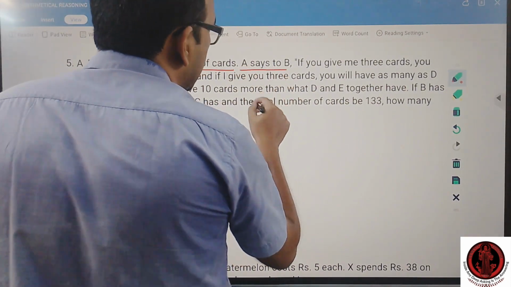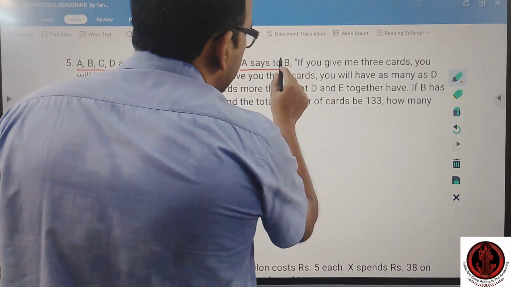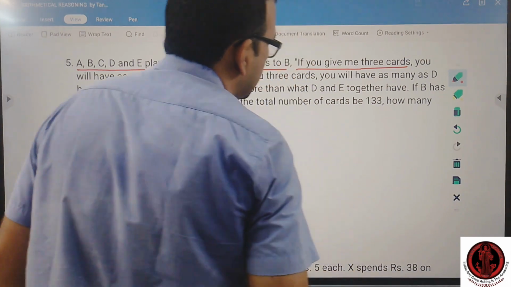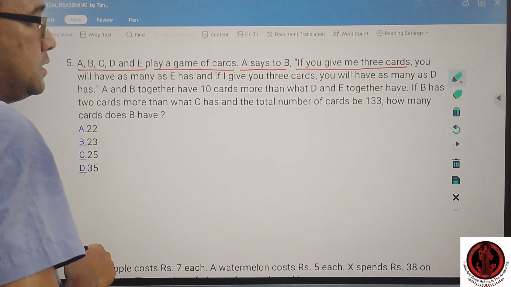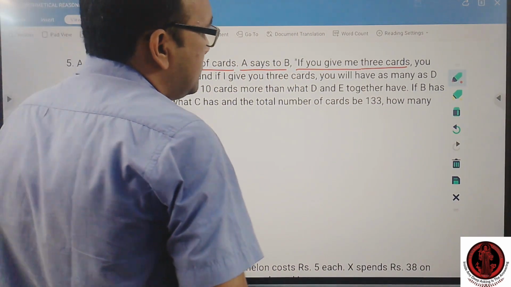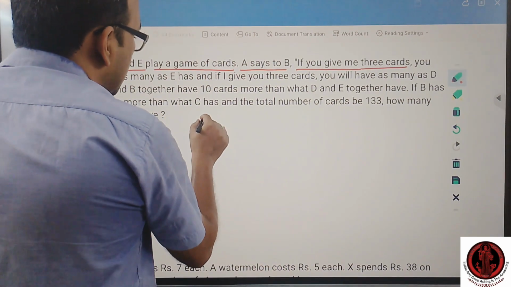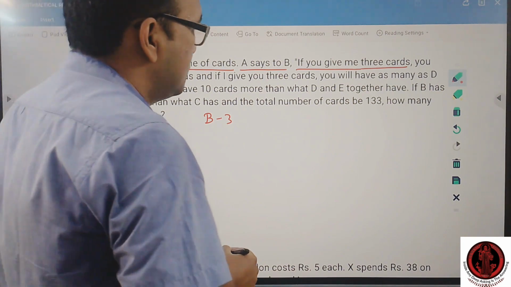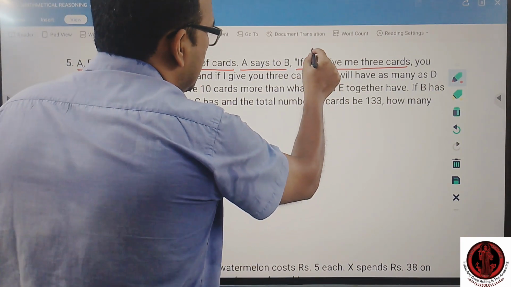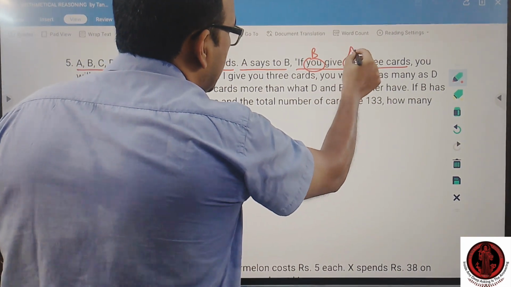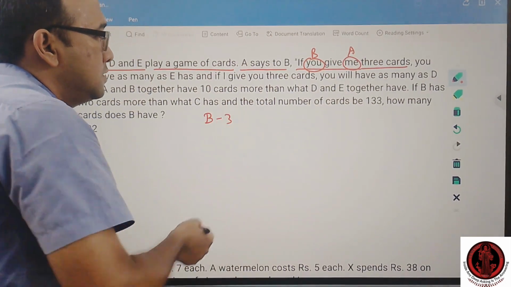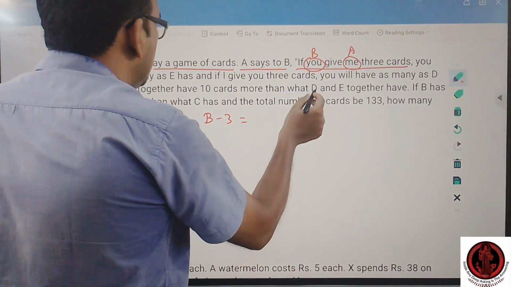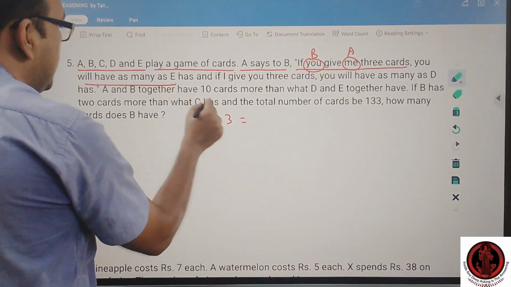A says to B, if you give me 3 cards, that means B minus 3, because B will give cards to A. You means B, me means A. If B gives A, that means 3 cards will be subtracted from B, then you will have as many as E has.